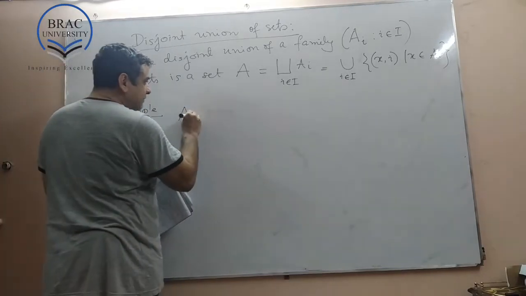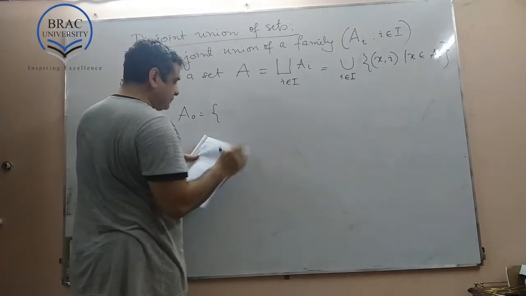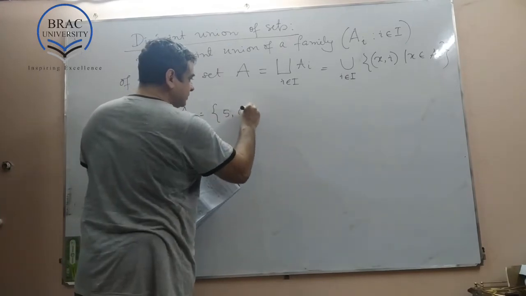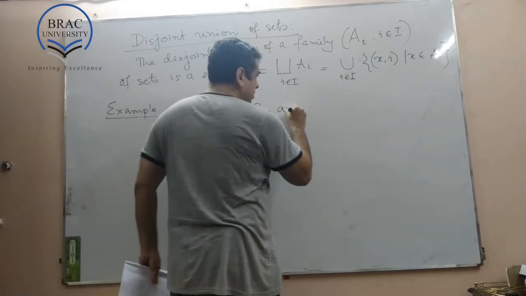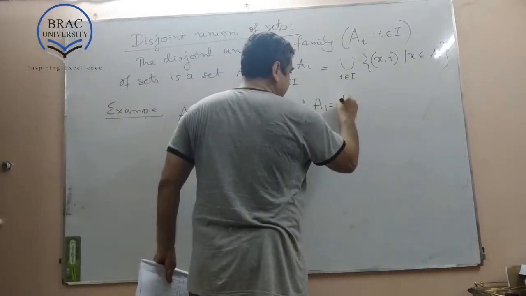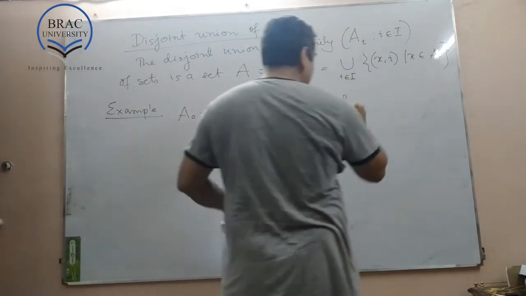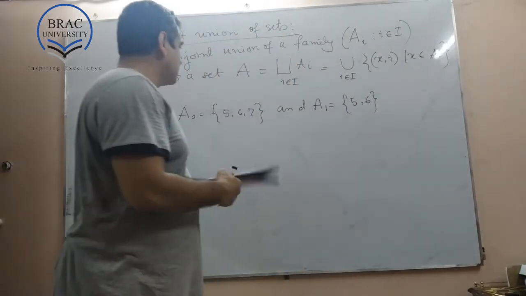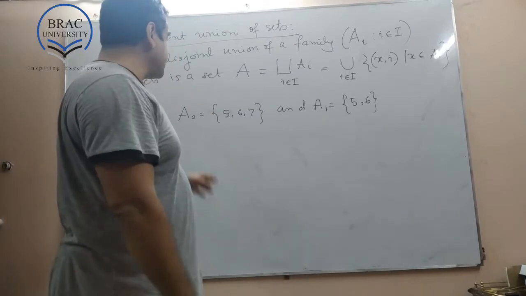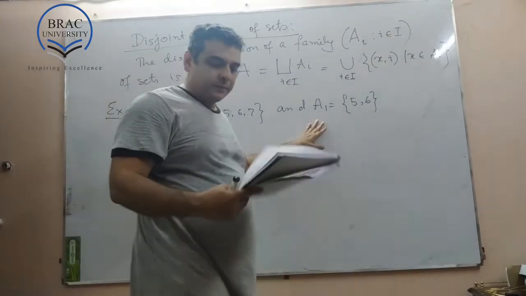Example. Let us have A0 to be a 3-element set, 5, 6, 7, and A1 be another set whose elements are 5 and 6, so that there is a nonempty intersection of A0 and A1.